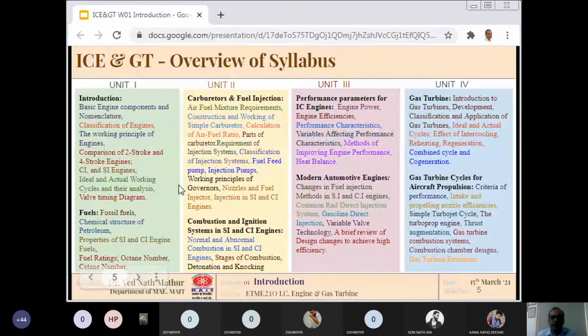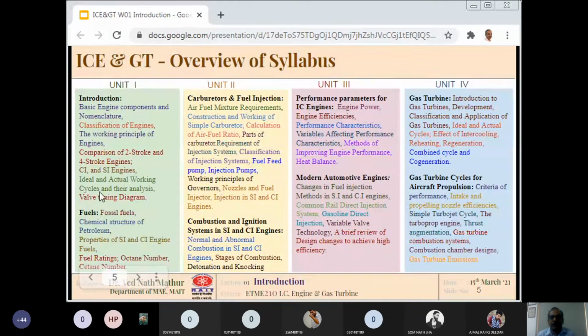Every unit has 2 parts. Unit 1 is about basic engine components, classification of engines, working principles, comparison of 2-stroke and 4-stroke engines, ideal and actual cycles, their analysis, and valve timing diagram. This you will also do in the lab. We have a lab of IC engine and gas turbine.